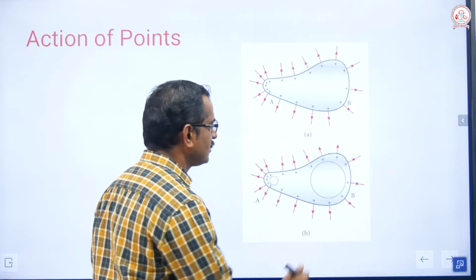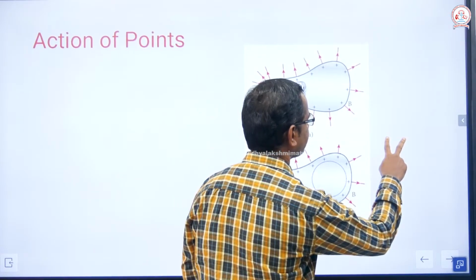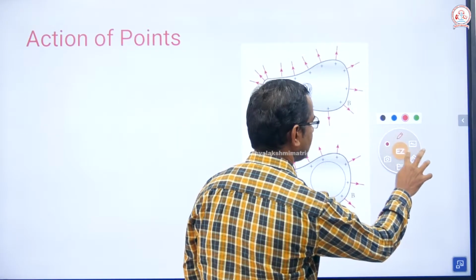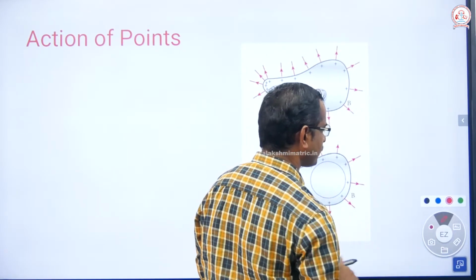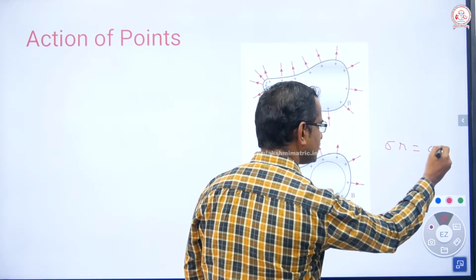What we got is that sigma, the charge density, is inversely proportional to radius. Sigma into r is a constant.